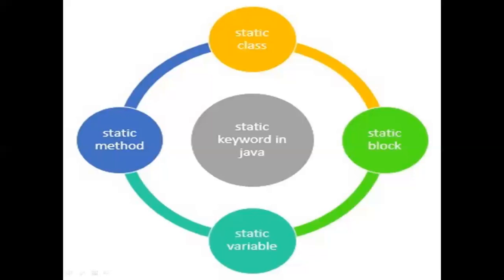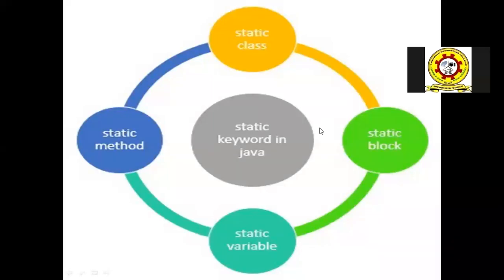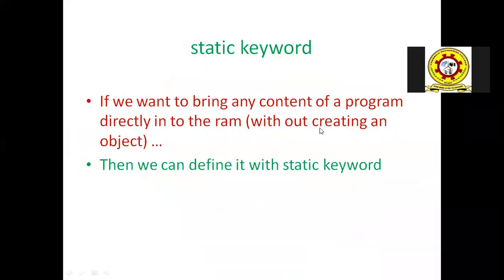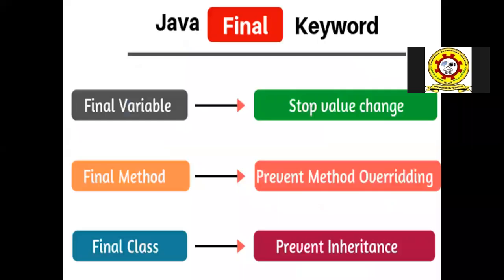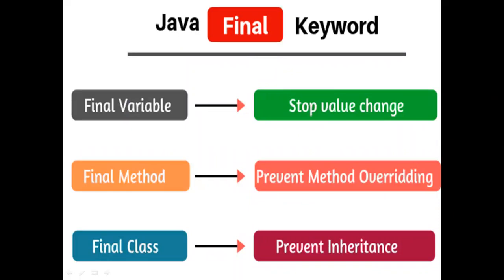And then coming to the next one, the final keyword. Okay, so there are mainly three uses for the final keyword. As you all remember, there is one keyword called const.